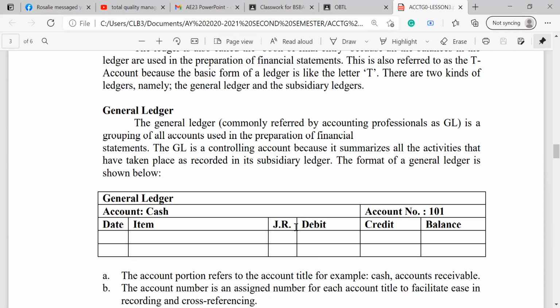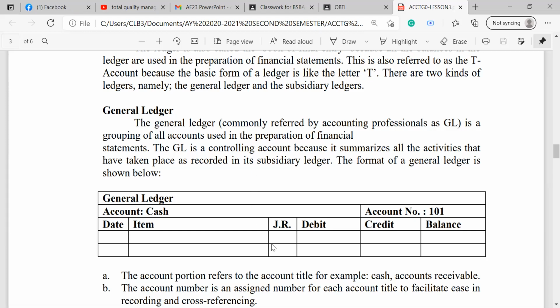Ang format ng general ledger ay iba-iba. Merong style T account. Okay? Meron naman ganito, running balance. Yung T account kasi napag-usapan na natin before, yung itsura ng T account.